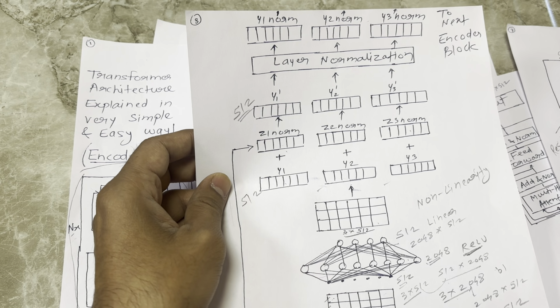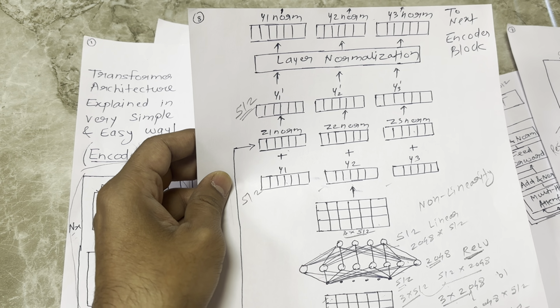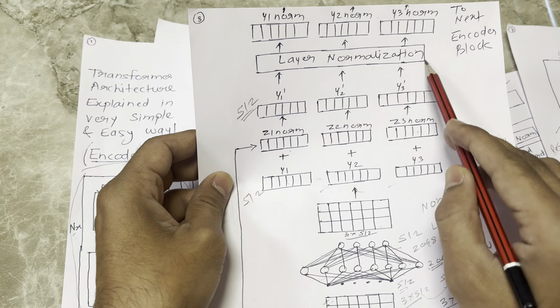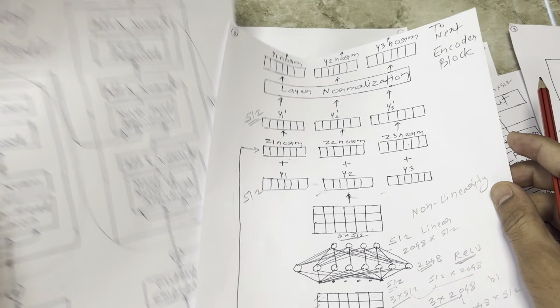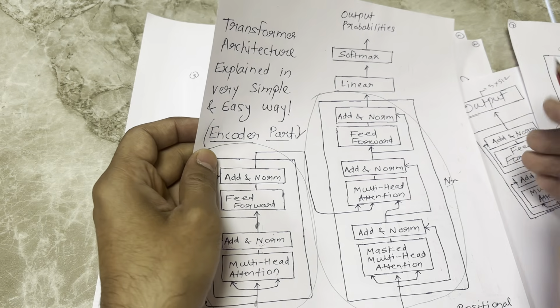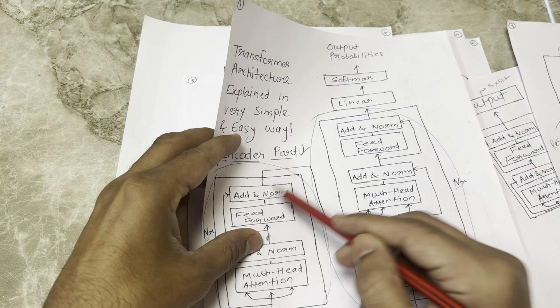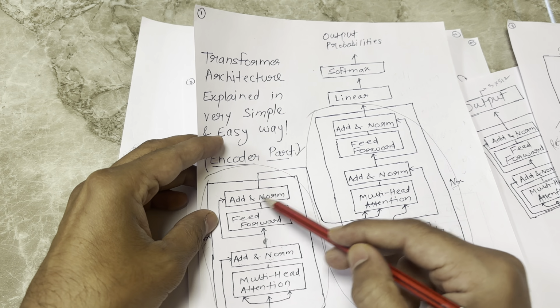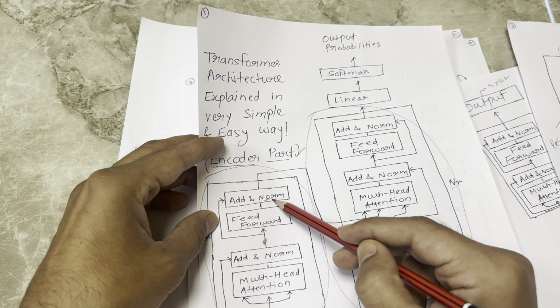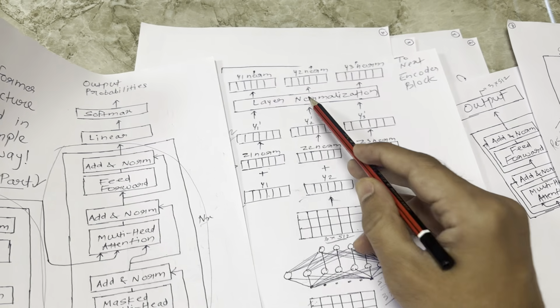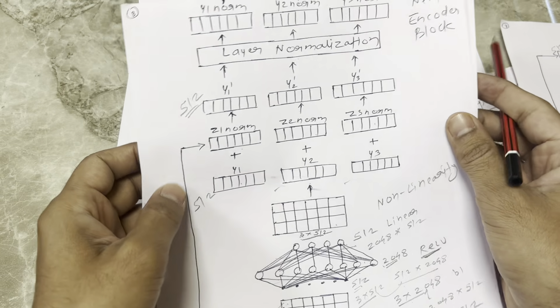And now everyone, we apply layer normalization again. You see here, layer normalization. That means in our original diagram, we are here, normalization. I am talking about this one even. After adding, I am talking about normalization. And this normalization is nothing but what? Layer normalization. Okay, I hope you understand that.